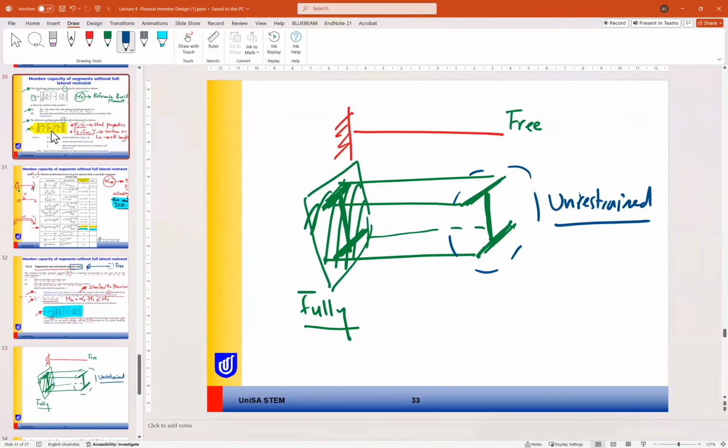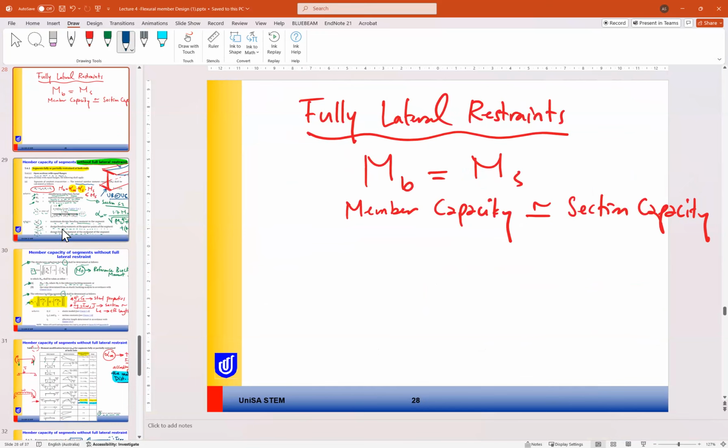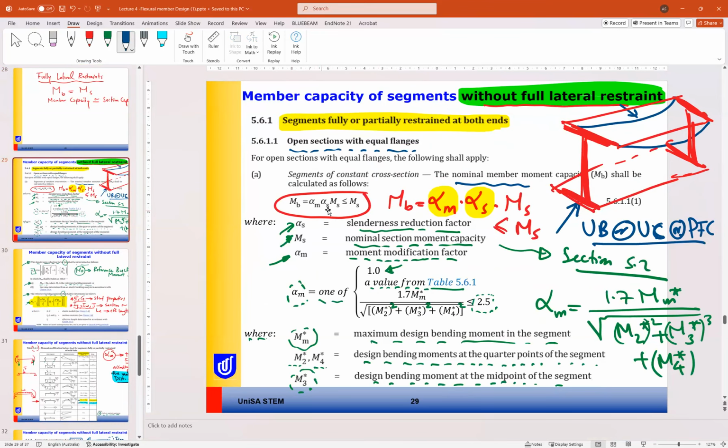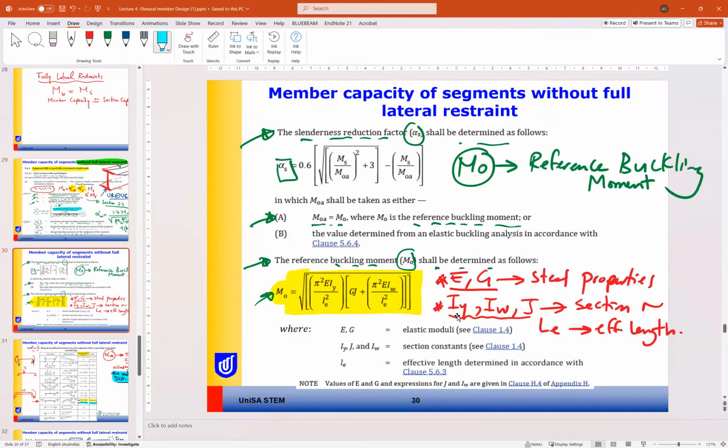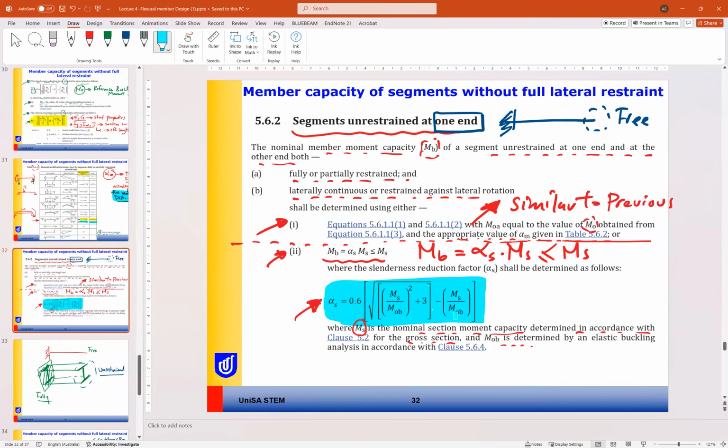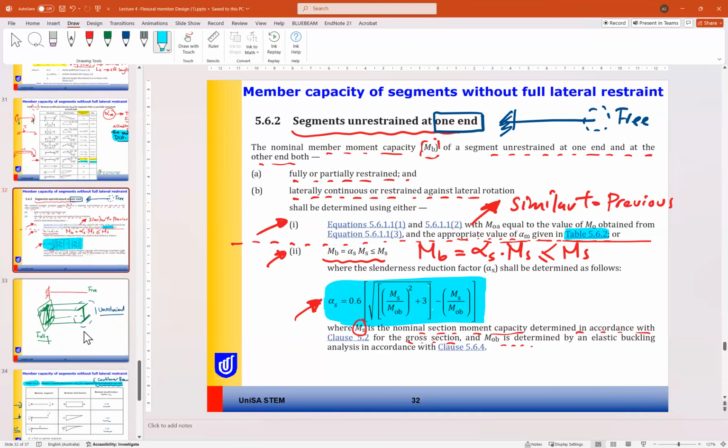The cantilever and the normal beam use the same parameters, MB equals alpha m alpha s Ms, where alpha s for both of them is the same, and alpha m uses this table for normal beams and table 5.6.2 for the cantilever beams.